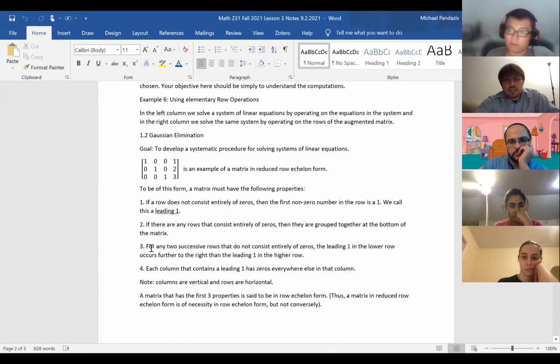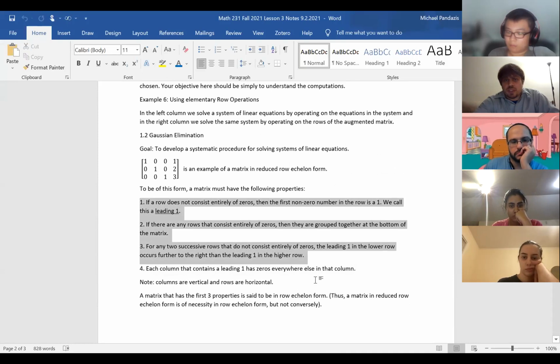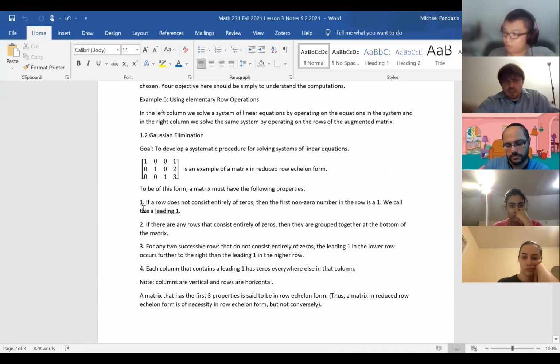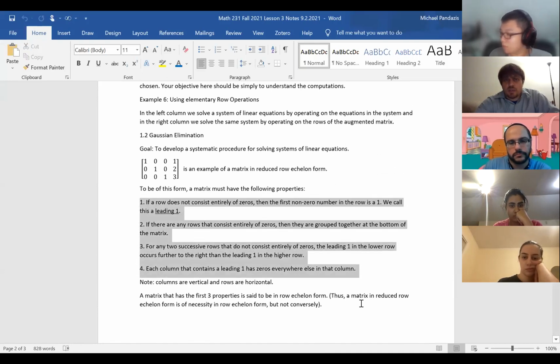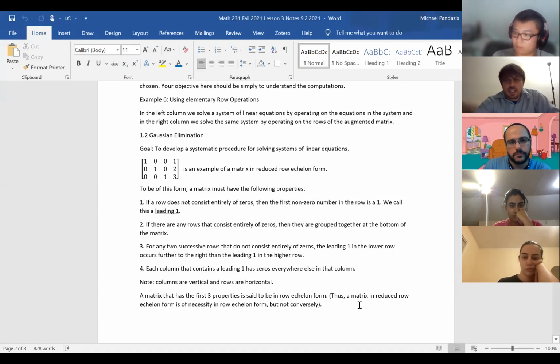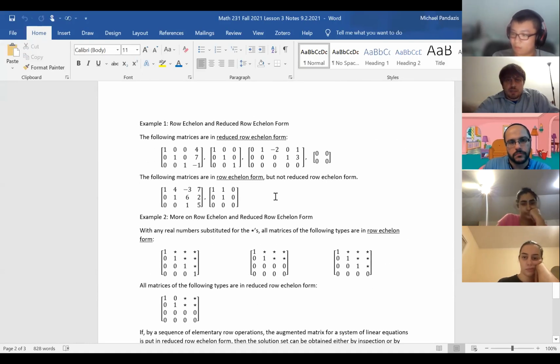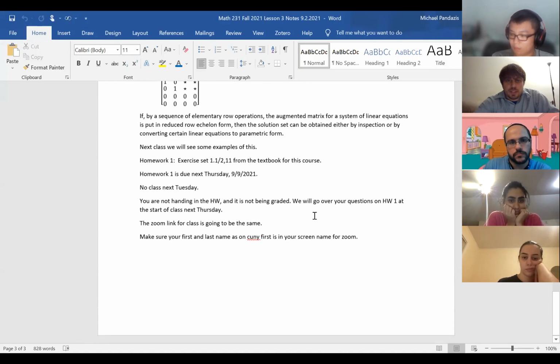There's a lot of material, so you have to reread this, since reviewing it would take a long time in class. These first 3 properties are for row echelon form. All 4 of them are for reduced row echelon form. And these were examples of matrices in reduced row echelon form and in row echelon form. All right, so that's where we ended last class.